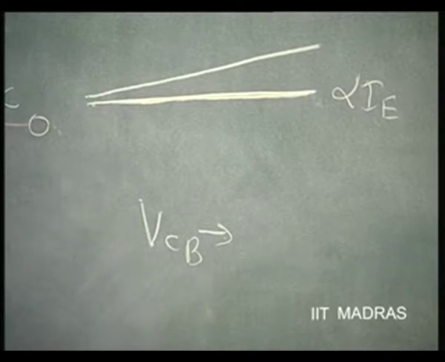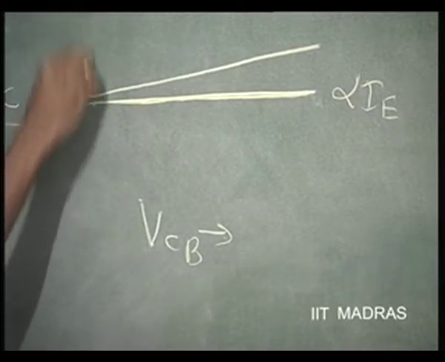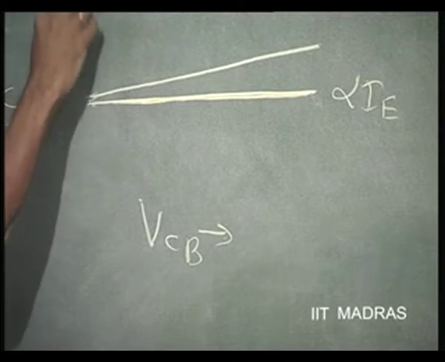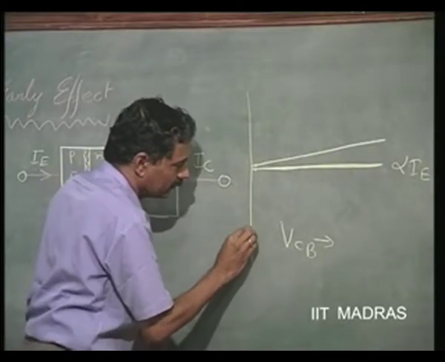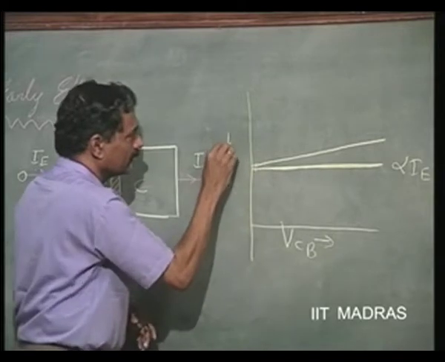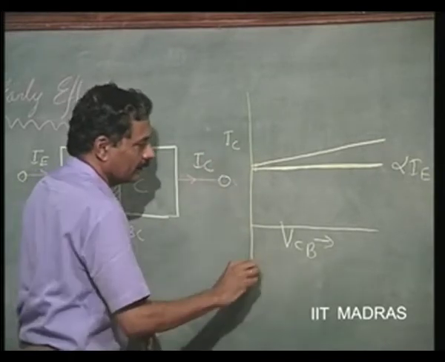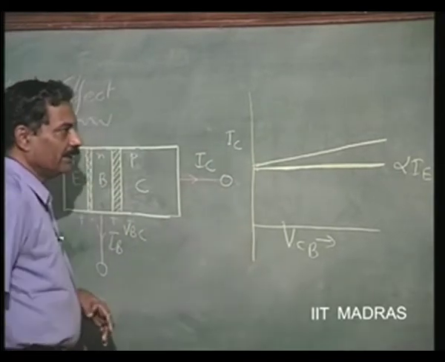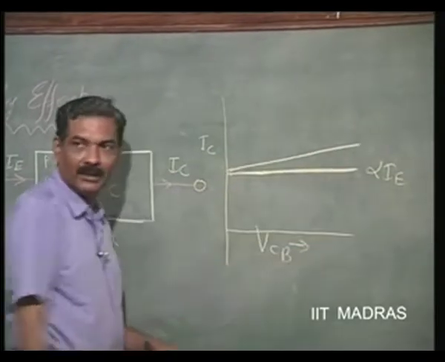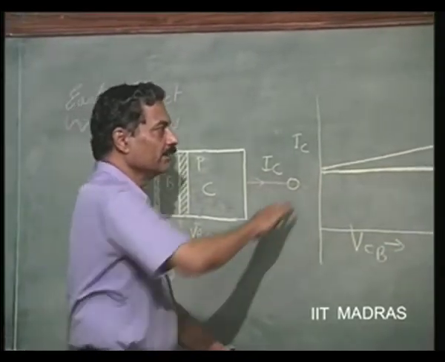That means, actually speaking, in our characteristic curve, if this is IC, for different VCB, and for all values of IE you are putting down here, these will go on increasing.